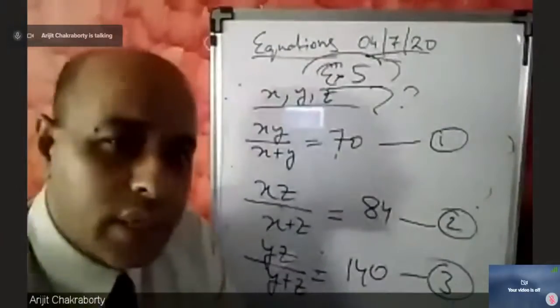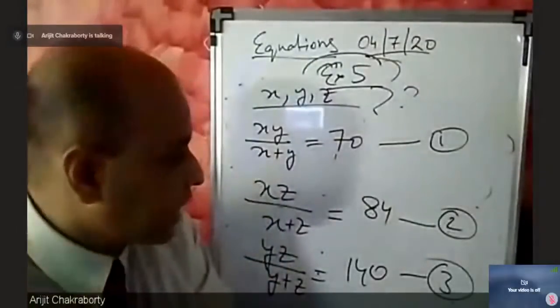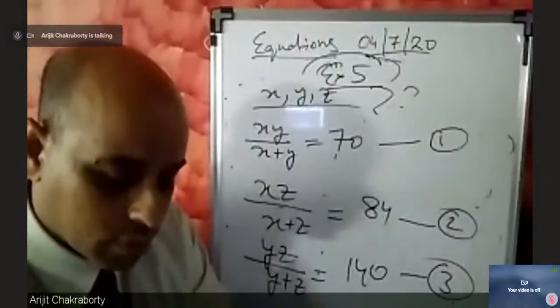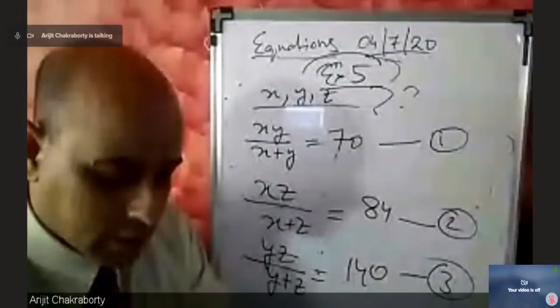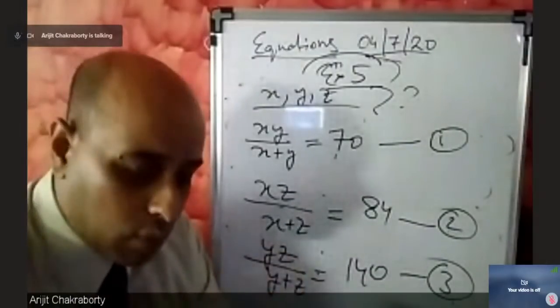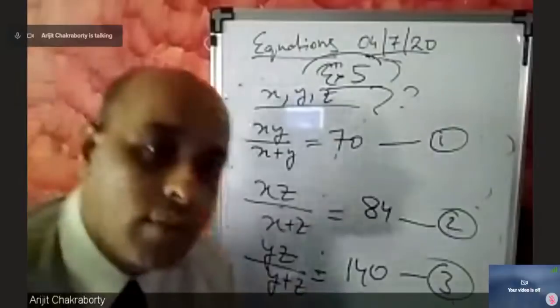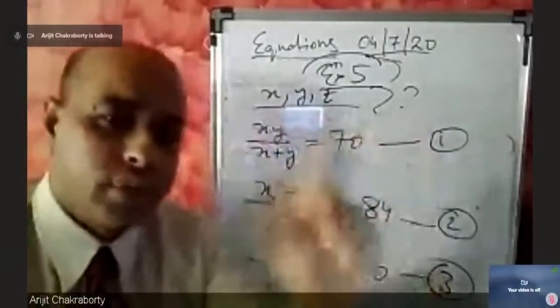The next equation is xz divided by x plus z equal to 84. Okay, and the third one is yz divided by y plus z is equal to 140. So we are having 3 equations, 3 unknowns.